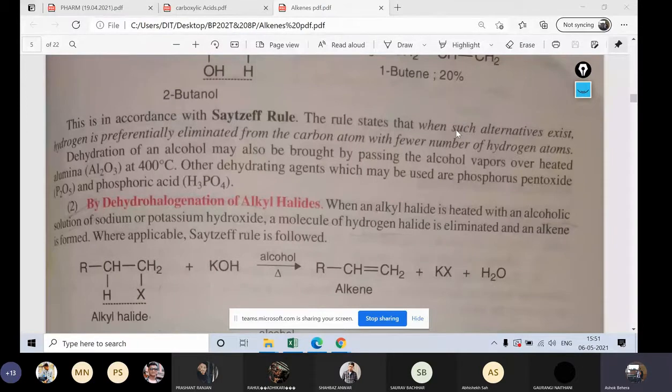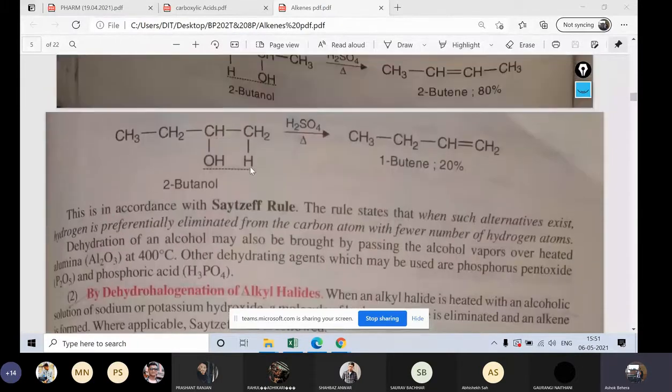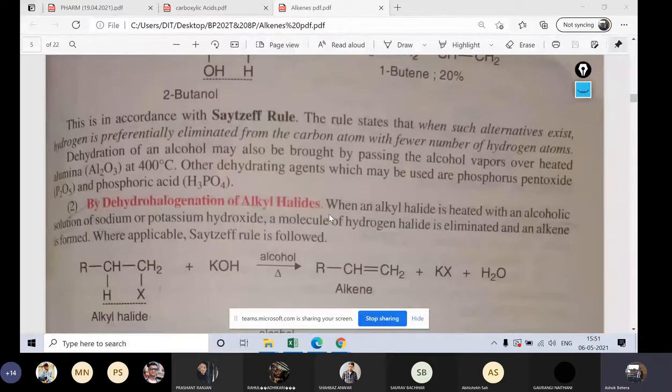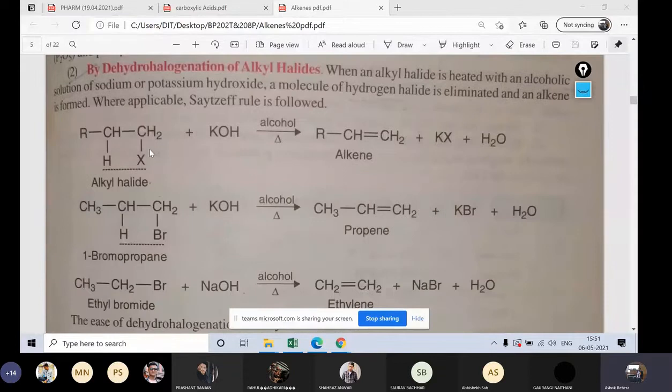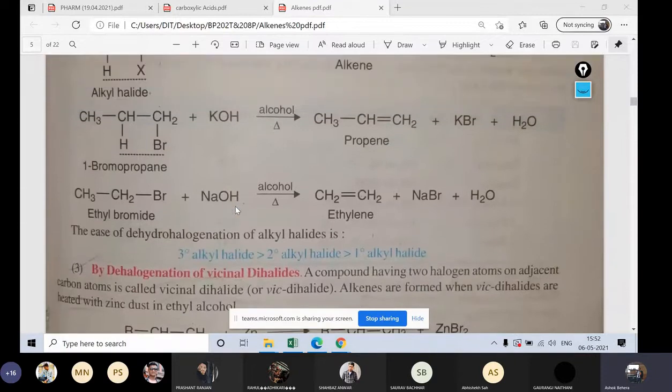The rule states that when such an alternative exists, from where the hydrogen is going to be removed, the Saytzeff rule will come into play. Please remember. So this is your dehydrohalogenation of alkyl halide. You understand? In the same way, from where is the hydrogen going to be removed, right? This is also applicable.